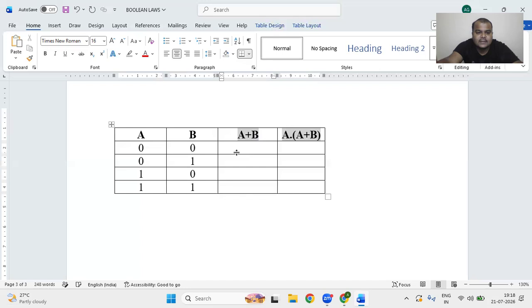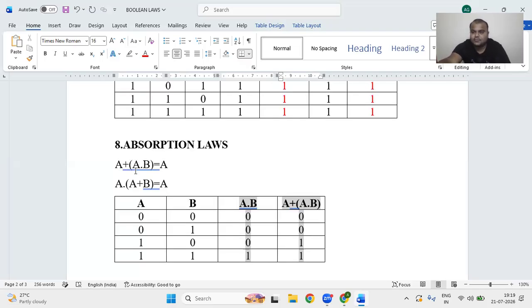A plus B: 0 plus 0, 0; 0 plus 1, 1; 1 plus 0, 1; 1 plus 1, 1. Now this column you have to multiply with A. 0 into 0, 0; 0 into 0, 0; 0 into 1, 0; 1 into 1, 1; 1 into 1, 1. You got the same answer again, A. So that is the absorption law. In a Boolean expression, you can directly write A.